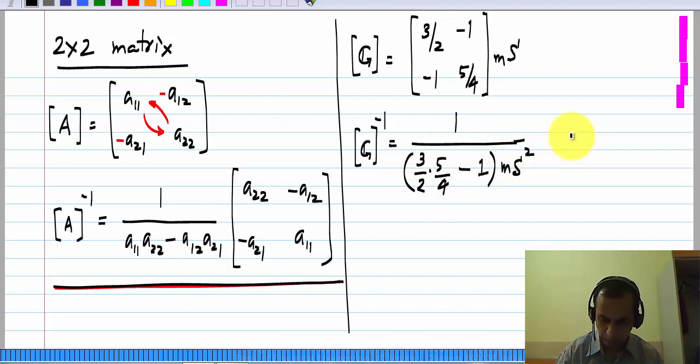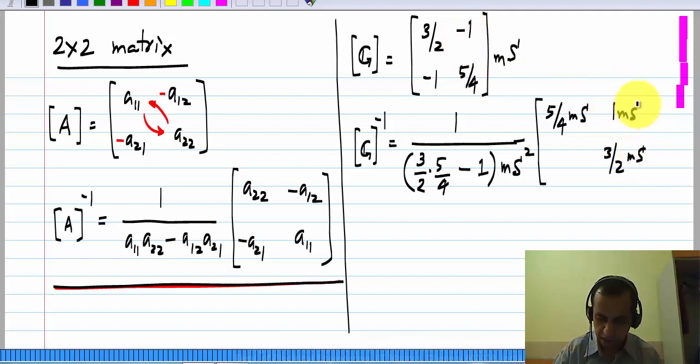Millisiemens square, and I have to swap the diagonal elements. So I get 5 by 4 millisiemens over there, 3 by 2 millisiemens over there, and this minus 1 will become 1 millisiemen, and the other minus 1 also becomes 1 millisiemen.